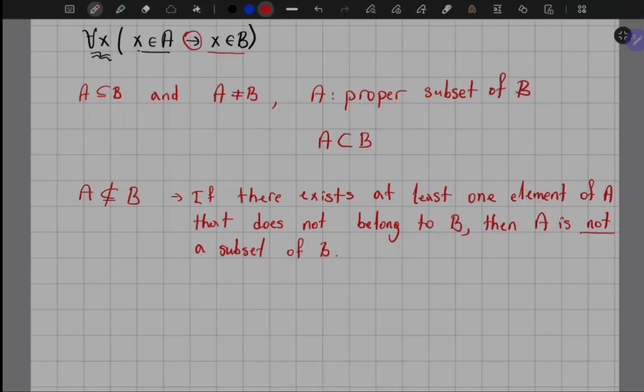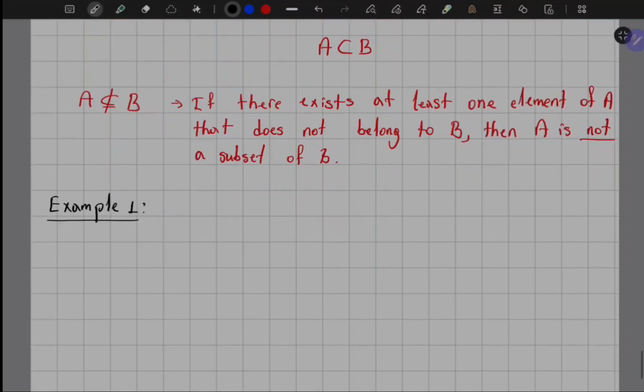Let's solve an example. First example. Consider the sets A contains 1 and 2, set B contains 1, 2, 3, and set C contains 1, 2, 3, 5, and 7.